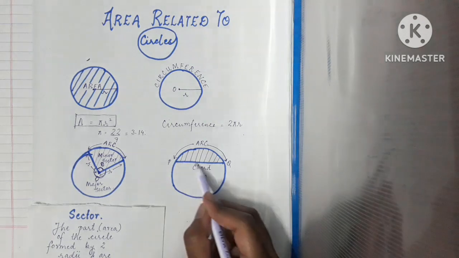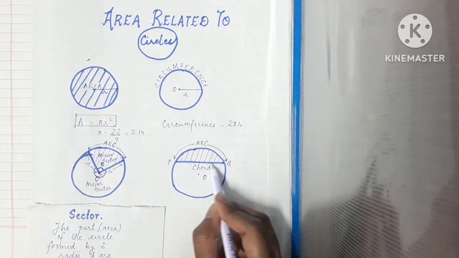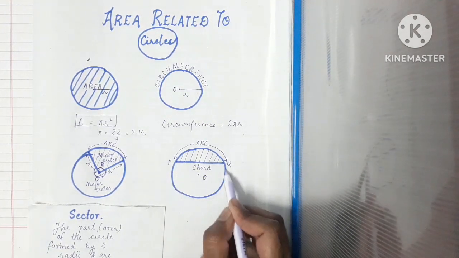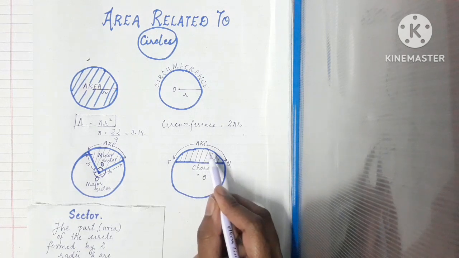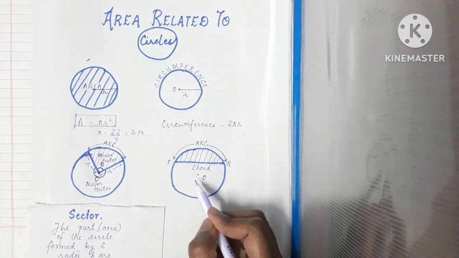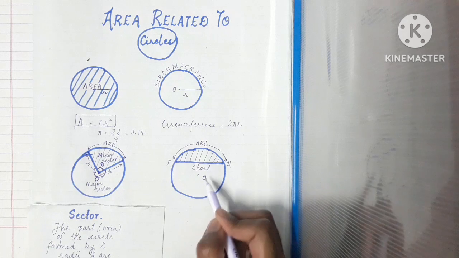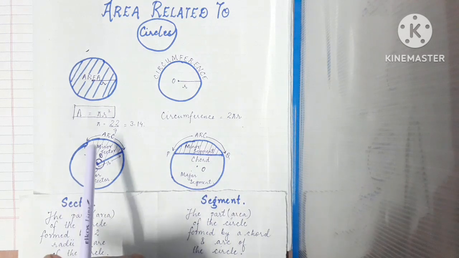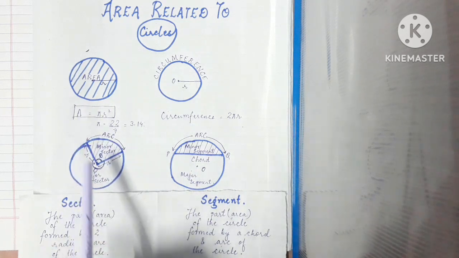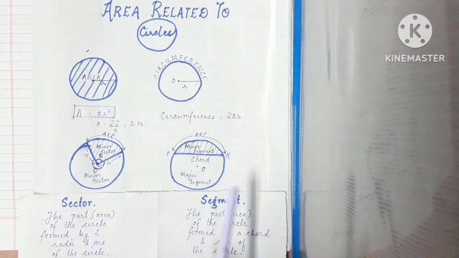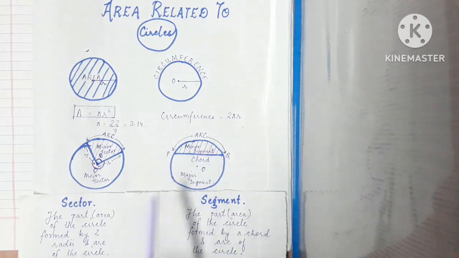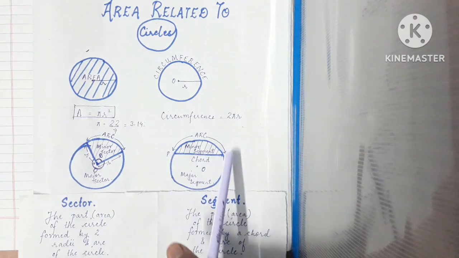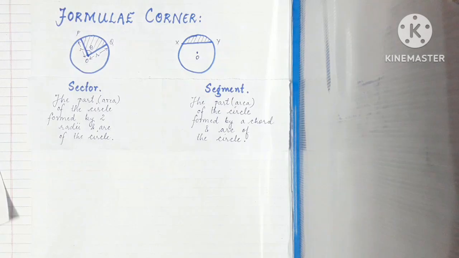The smaller part is called the minor segment and the larger part is called the major segment. So remember the difference between a sector and a segment. A sector is the area between the two radii and the arc, whereas a segment is that area which is between a chord and the arc of the circle.